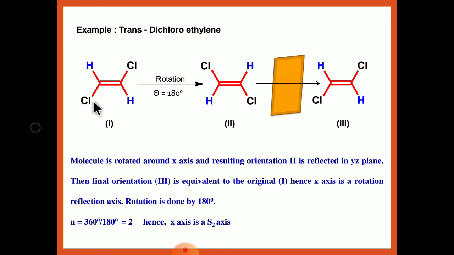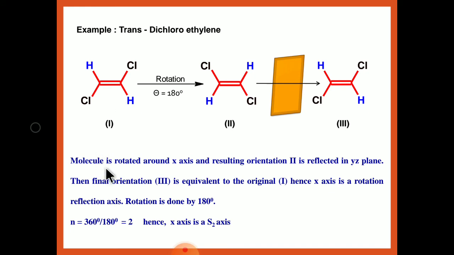This chlorine atom will replace this hydrogen atom, and this hydrogen atom will be replaced by the chlorine atom. So we will get this second configuration. By taking its mirror image we will get this third configuration, which is exactly similar to the first configuration. So we can say that the molecule possesses an improper axis of rotation.